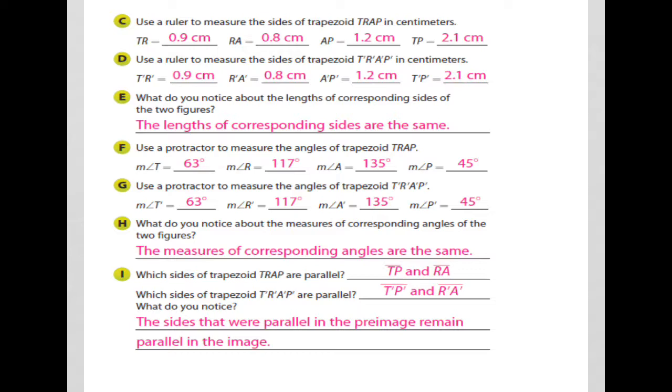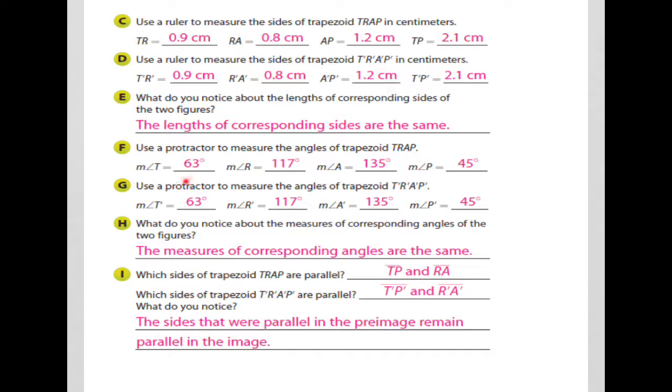And then the measure of angle A is 135 degrees, and then the measure of angle P is 45 degrees. So here again we have 180. So the total measure of the angles of a trapezoid is 180 plus 180, which is 360 degrees.